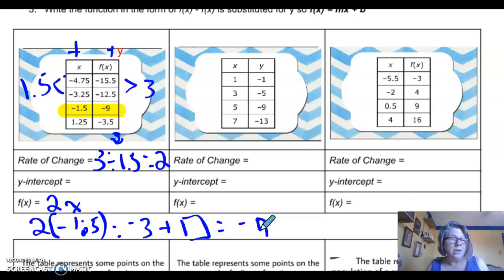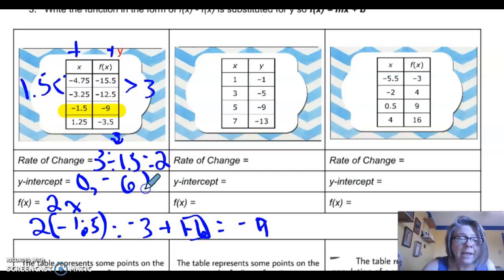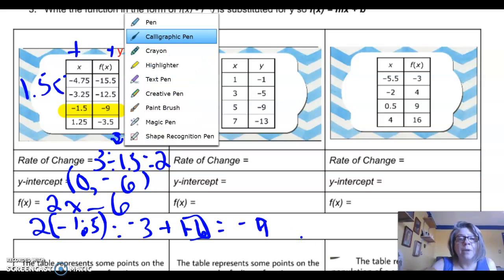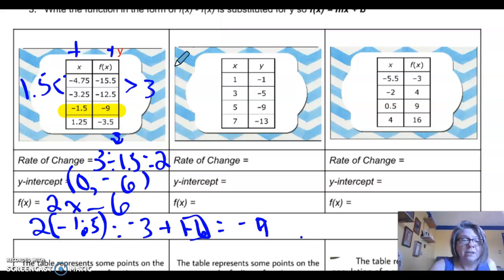So I've got 6 fingers, and it's going to be negative, so I'm going to put a negative 6 here. That means my y-intercept is (0, negative 6), and the second part of my equation is minus 6. So my equation is 2x minus 6. I'm going to highlight that since my writing's not that good. Okay, so that's my answer to this.